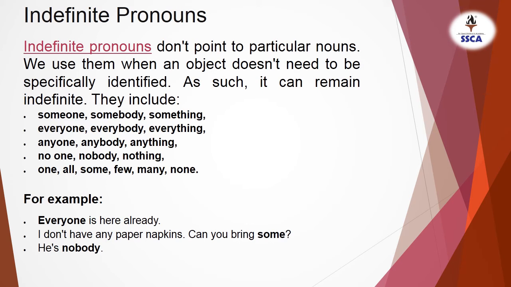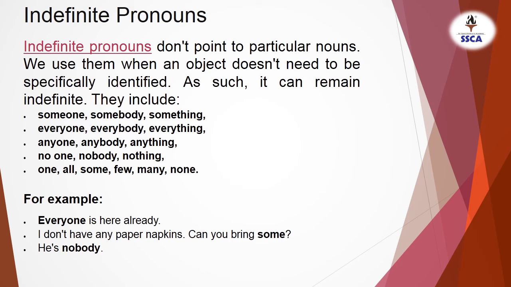Well, now you know indefinite pronouns don't point to a particular noun. We use them when an object does not need to be specifically identified. As such, it can remain unidentified. They include someone, somebody, something, everyone, everybody, everything, anyone, anybody, anything, no one, nobody, nothing, one, all, some, few, many, or none.